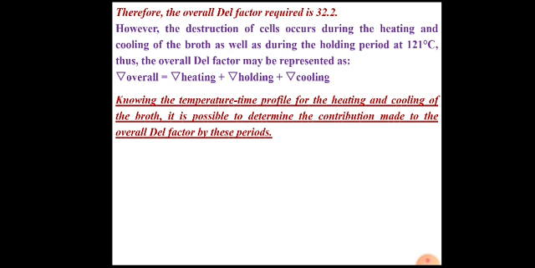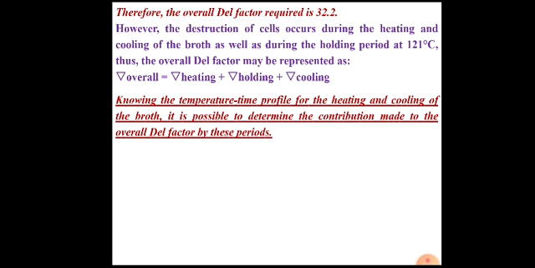But the problem in calculating Del heating is that the temperature is not fixed, it is gradually increasing. Same thing happens in the case of Del cooling. The temperature is not fixed, it is gradually decreasing.